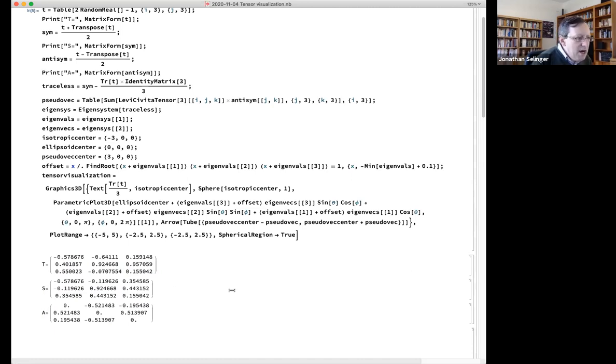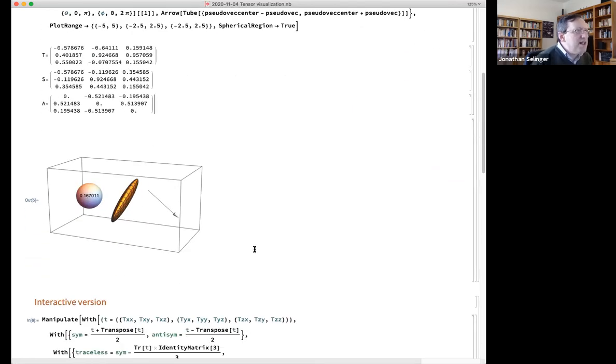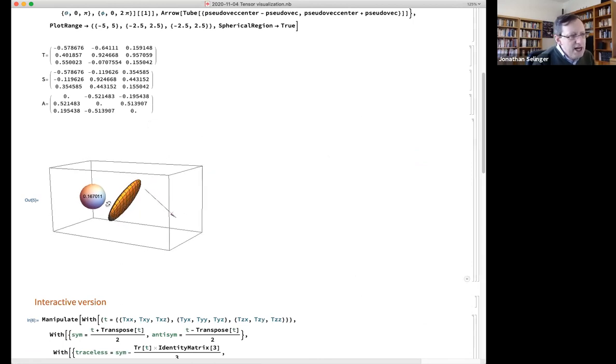Now I want to visualize the symmetric tensor and the anti-symmetric tensor. The antisymmetric one is just going to be an arrow. I take the antisymmetric one, change it into a pseudovector, then draw an arrow to represent that pseudovector. For the symmetric one, I want to represent that by an ellipsoid.